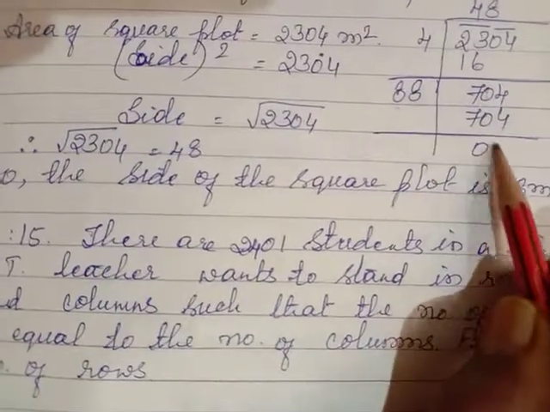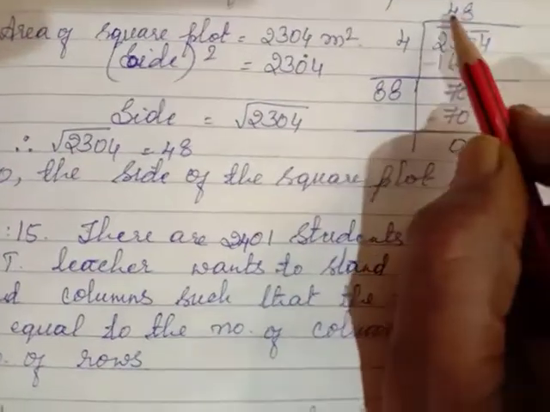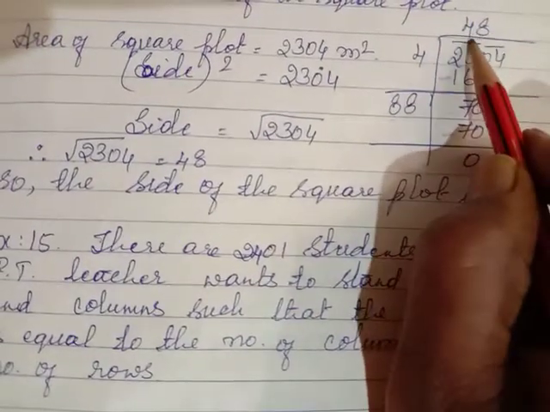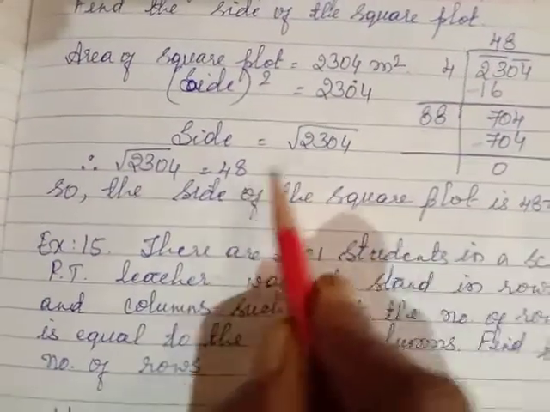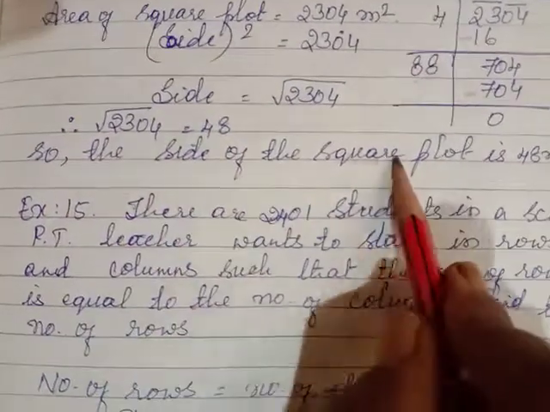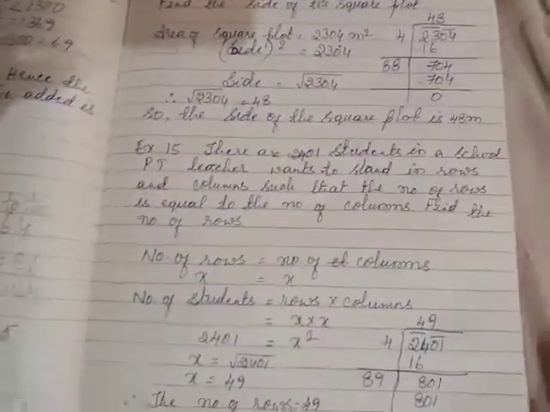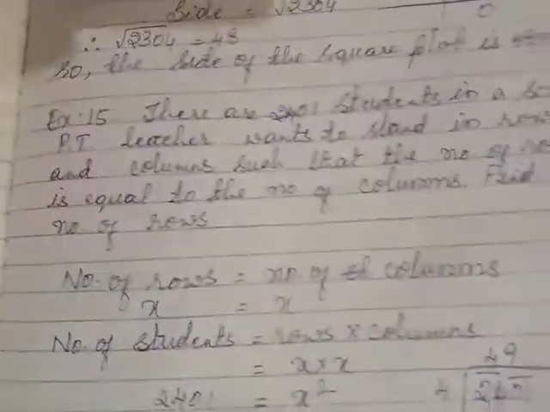So exactly, if you subtract you will get 0 here. Now you got how much? 48. That means the square root of 2304 is how much? 48. So the side of the square plot is how much? 48 meter.